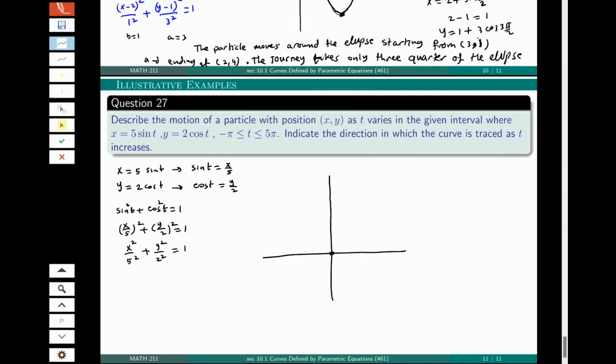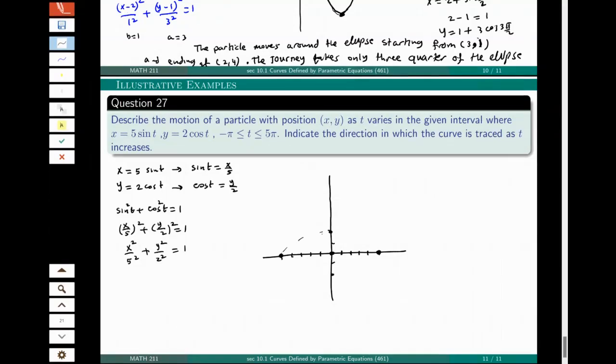centered at 0 and 0, and I have 5 below x, so I have to move 5 units, 1, 2, 3, 4, 5 units to the right, and 5 units to the left, 1, 2, 3, 4, 5 units to the left, 2 units up, 1, 2, and 2 units down.